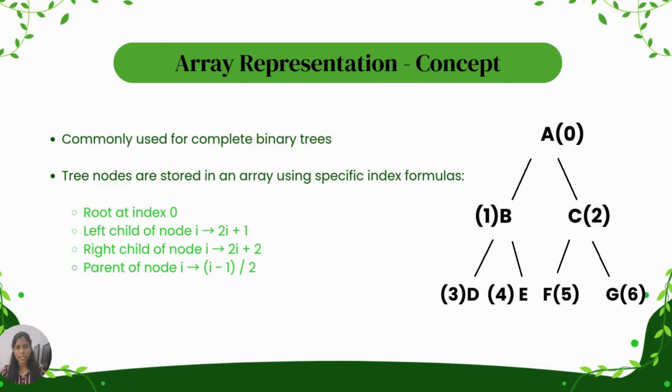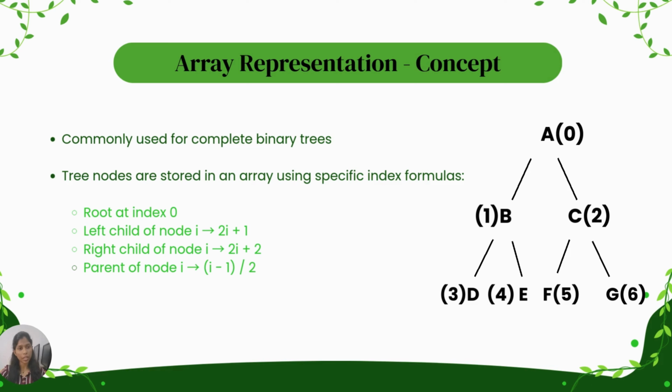Array representation concept. In array representation, we treat the tree like a level-wise structure, like a heap. We store each node in an array index and use formulas to find parent-child relationships.